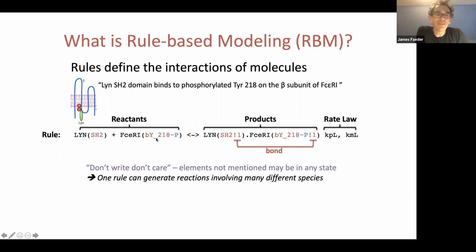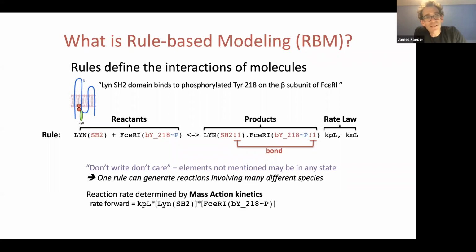On the flip side of that, do I have examples? No, I don't on this slide. We'll get to it a little bit later on. The flip side is that whatever is happening at the SH3 domain, whatever is happening with the kinase domain, whatever is happening with the tyrosine tail, none of that is going to affect the ability of this reaction to modify that Lin molecule.